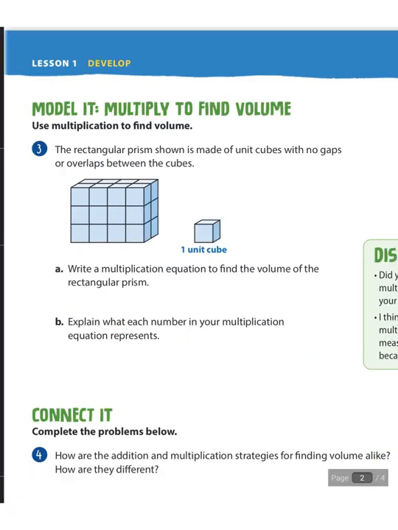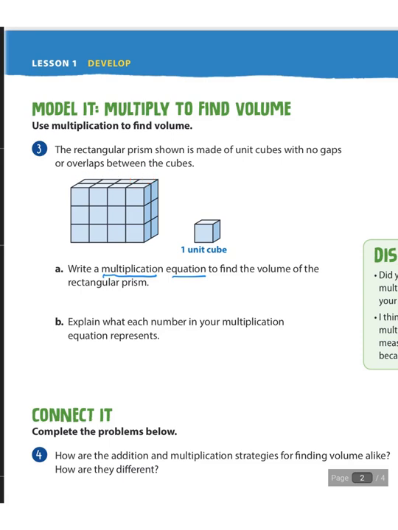When we go to the next page, we're doing something that is still rather similar, except we're using a multiplication equation. So now we're going to multiply. I'm once again going to use my same strategy about layers. That's just the way I prefer to think about it. I'm going to see how many unit cubes are in this top layer. There's 1, 2, 3, 4, 5, 6, 7, 8.